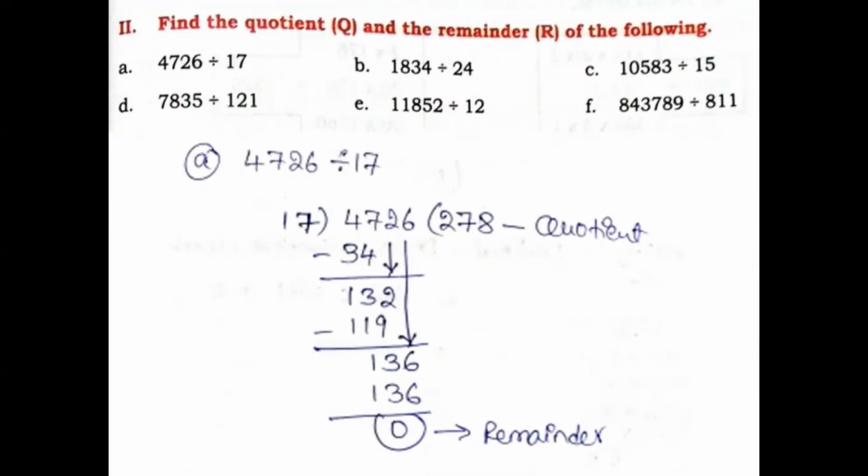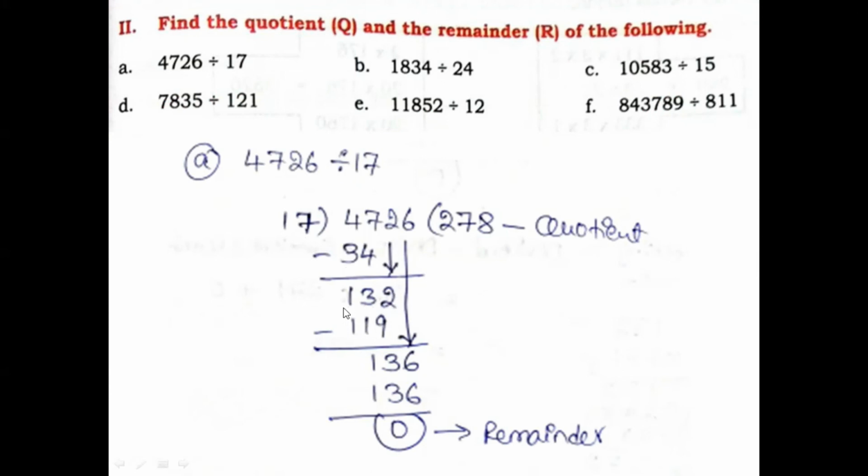Here. Find the quotient Q and the remainder R of the following. So, for example, 4726 divided by 17. 17 twos are 34. 47 minus 34 is how much? 13. Okay. 2 take as it is. Now 17 sevens are 119.